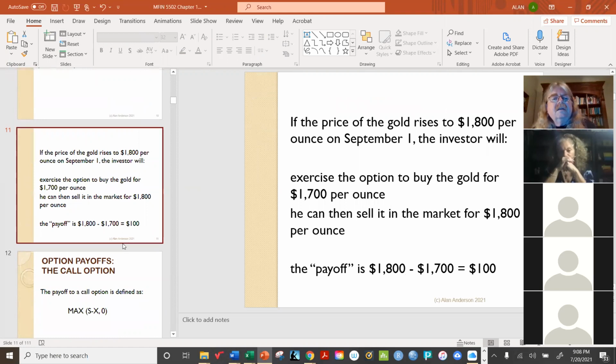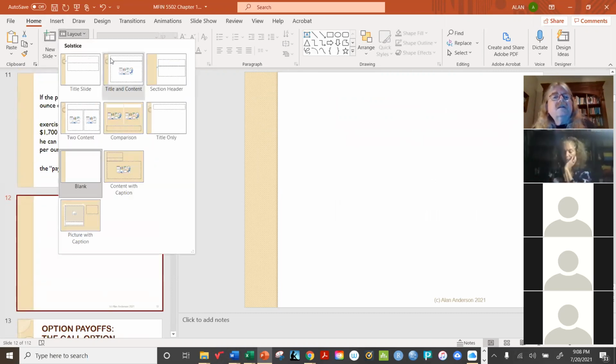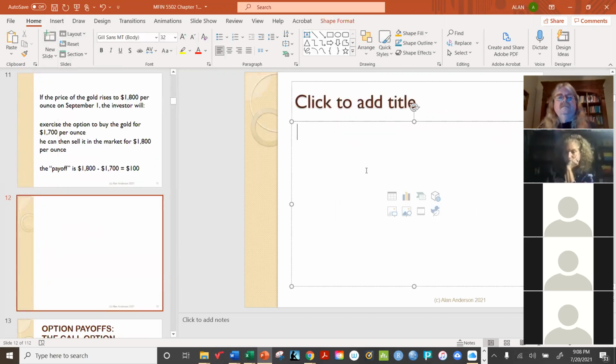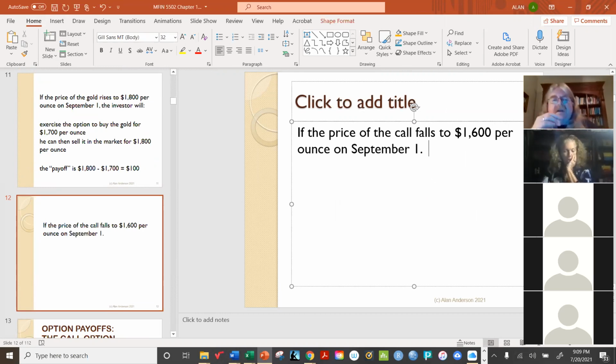On the other hand, what if the price falls to 1,600? Now, here's the question: will the investor use his option to buy gold for $1,700 an ounce?